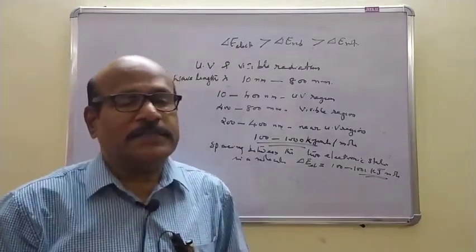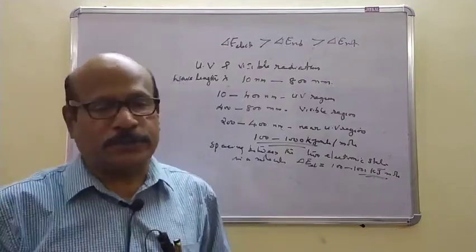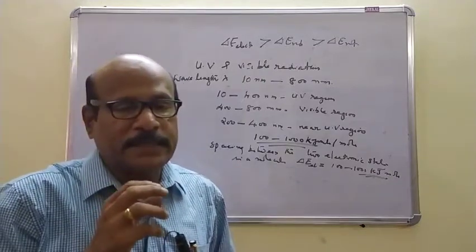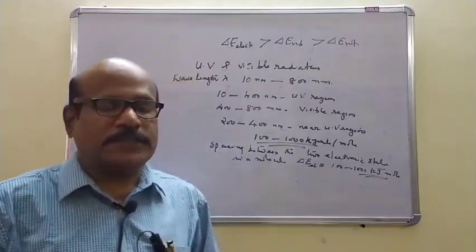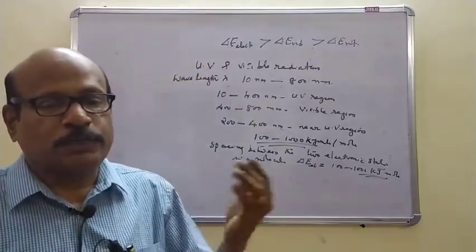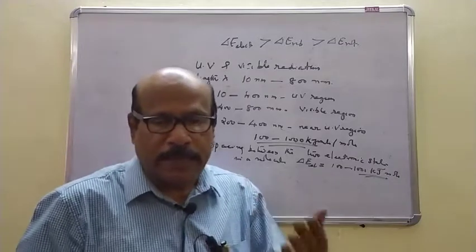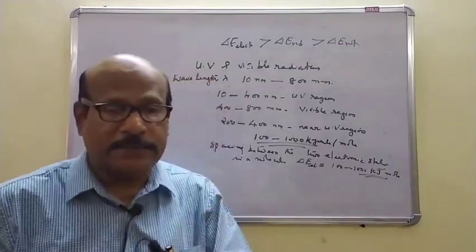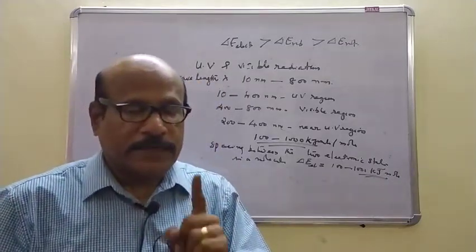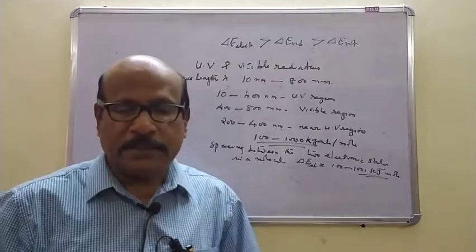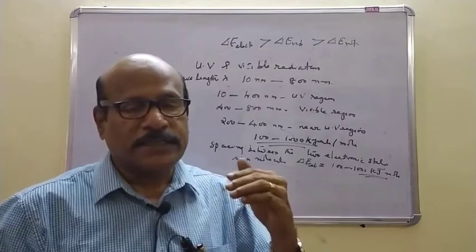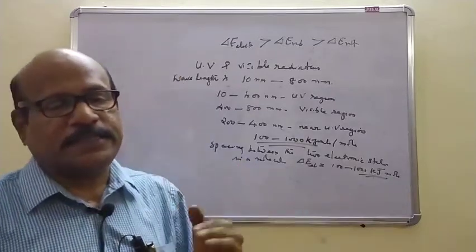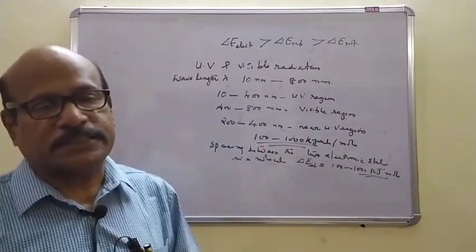So when we analyze the electronic spectrum of a molecule, the band representing the electronic transition is superimposed with the fine rotational lines representing the rotational transition, and also the vibrational structure representing the vibrational transition.